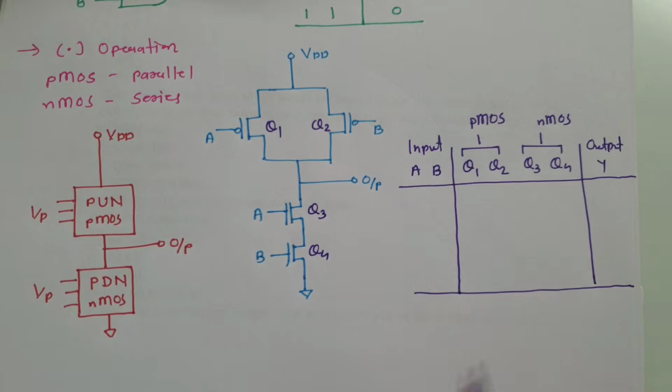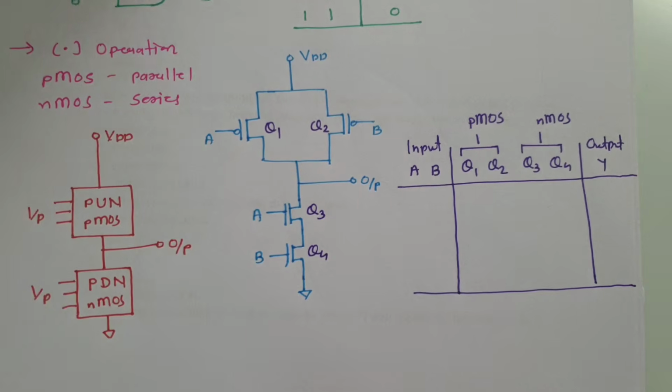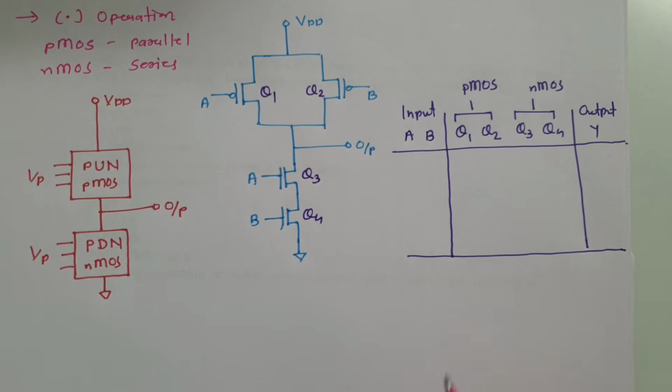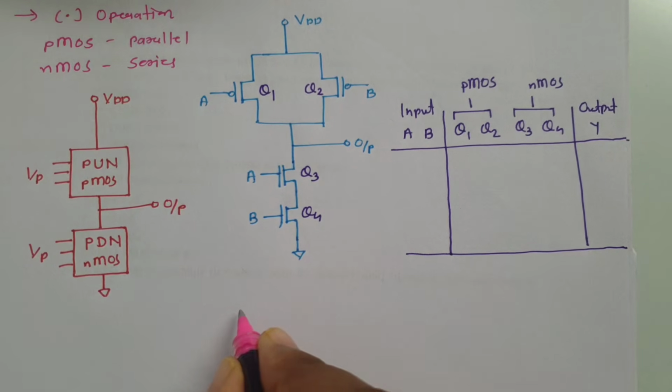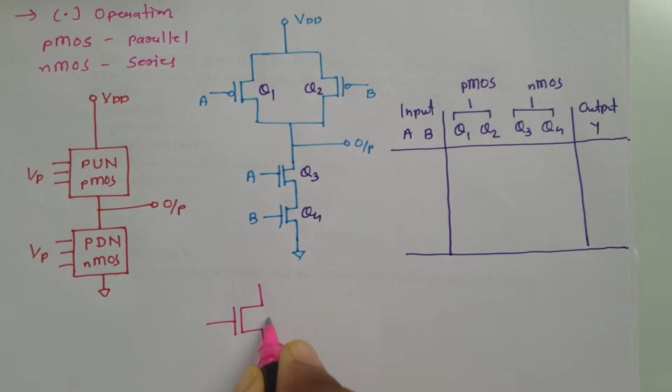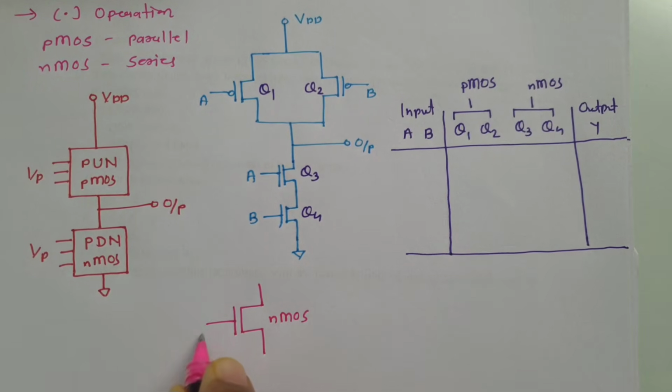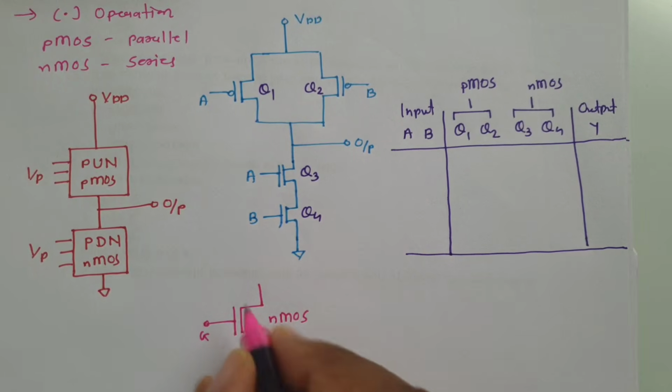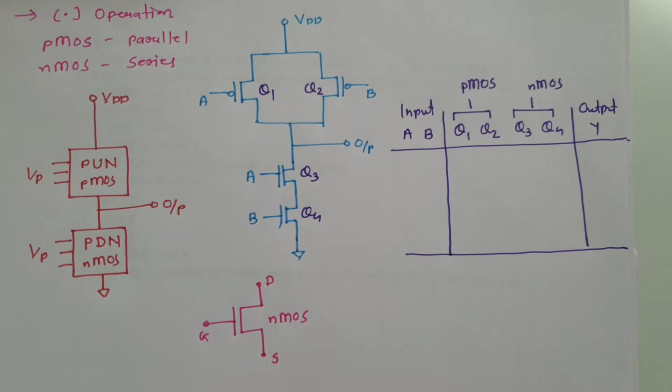Right. Now before I explain you how this circuit functions, one should know how PMOS and NMOS function. So let me explain you how PMOS and NMOS function. So here if I talk about NMOS, then this is my NMOS, where this is my gate terminal, and in this connection here there will be drain terminal and here there will be source terminal.